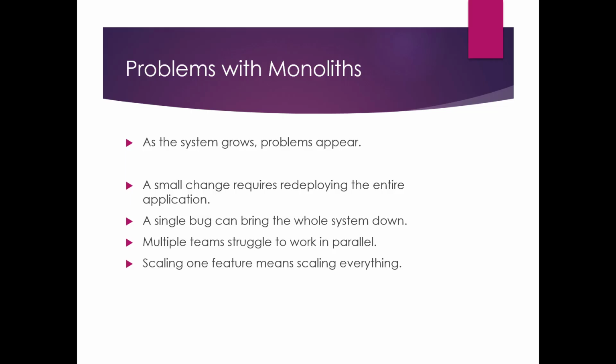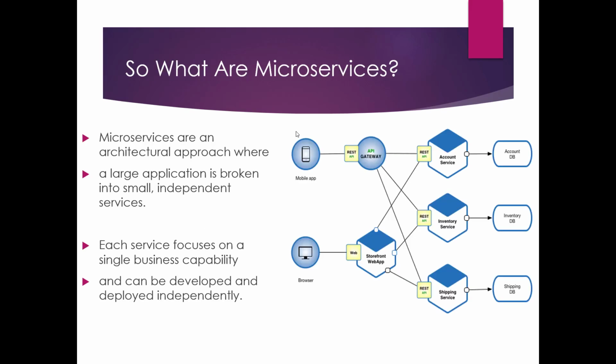Multiple teams also struggle to work in parallel because they share the same code base and depend on each other. And scaling one feature means scaling everything. That was the problem the monolith application had.